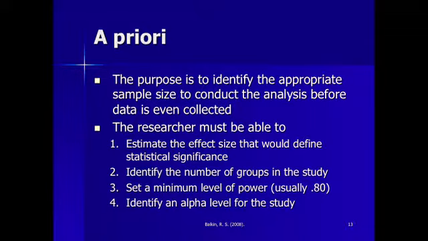That's what Cohen suggested. And you identify your alpha level in your study, of course, at the beginning, before you even analyze anything. And so by following these steps, you can actually identify how big your sample size needs to be in order to find statistically significant differences if they actually exist.